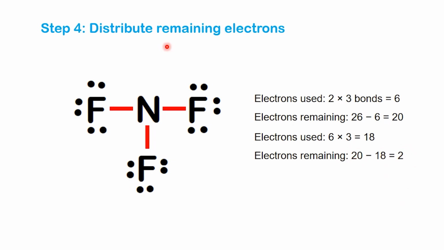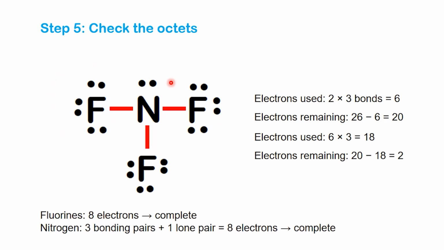Finally, we place these remaining 2 electrons on the central nitrogen as a lone pair. Now, if we check the octets, each fluorine has 8 electrons, and nitrogen has 3 bonding pairs plus 1 lone pair, completing its octet as well. And that's it. Our Lewis structure for NF₃ is complete.